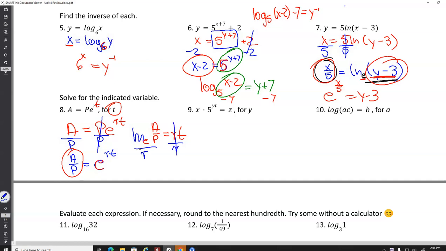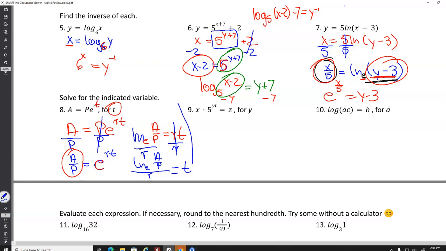So r is going to cancel out. So at the end, you're going to get ln of base e. You don't have to write it base e. It's assumed. ln of A over P divided by r equals t. So all I did was rearrange my letters. I moved them, divided them, and subtracted and stuff like that.